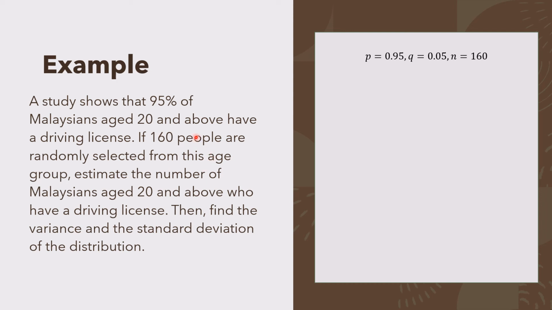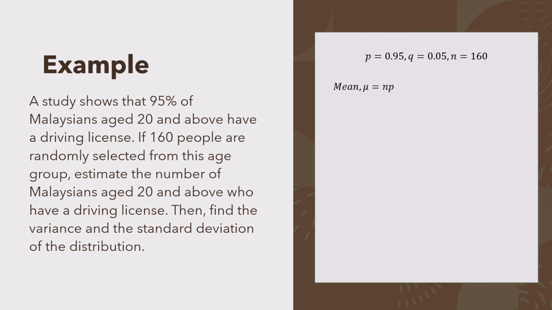So if we do a lot of trials, then we have to calculate the mean. If the question says estimate the number of Malaysians aged 20 and above, it means we need to calculate the mean number of people who have a driving license.